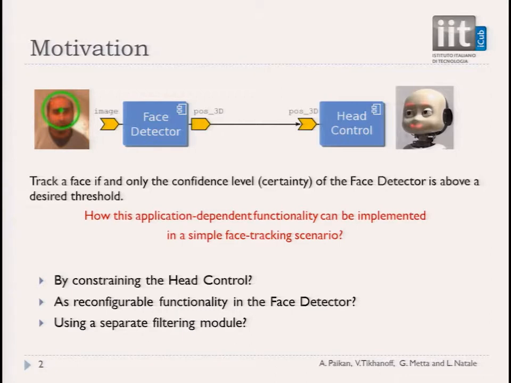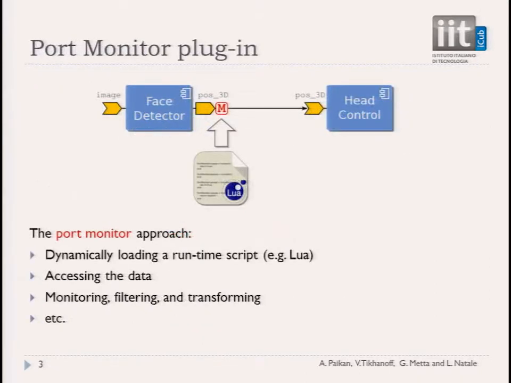So what we decided to do was to develop a way to upload runtime scripts into the ports, that is, into the communication part of the application, and make these in terms of script, which means we can define them irrespective of the actual modules.